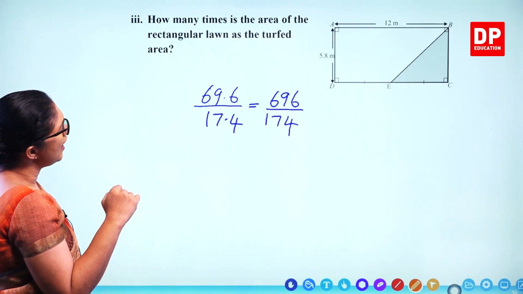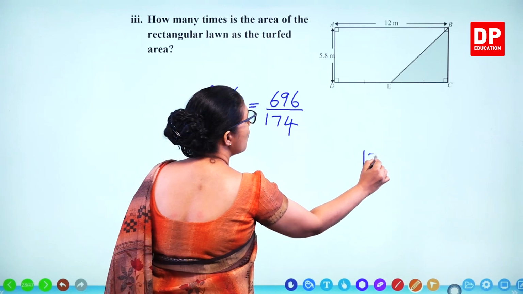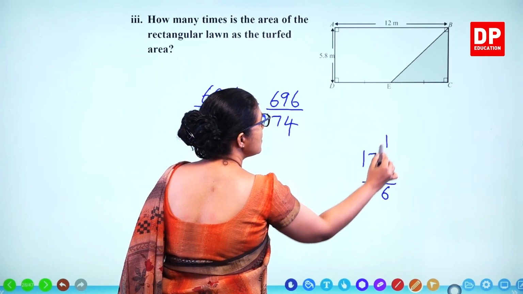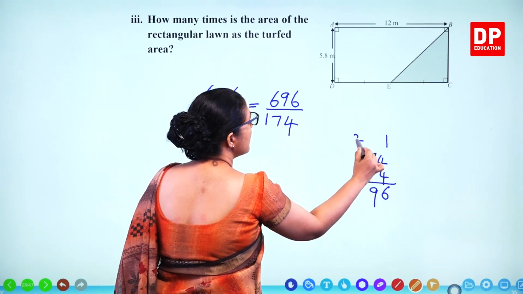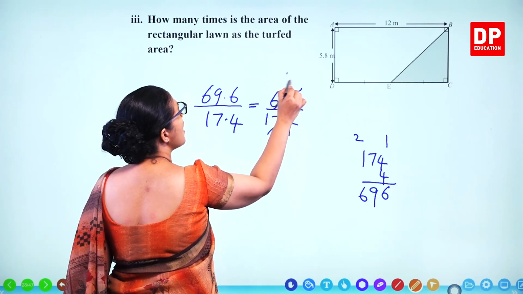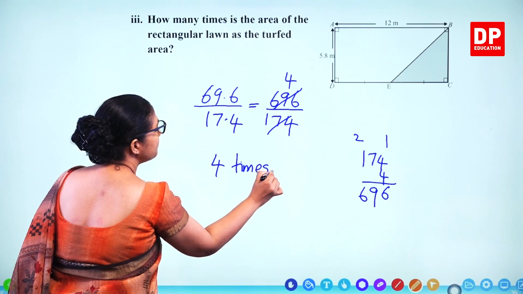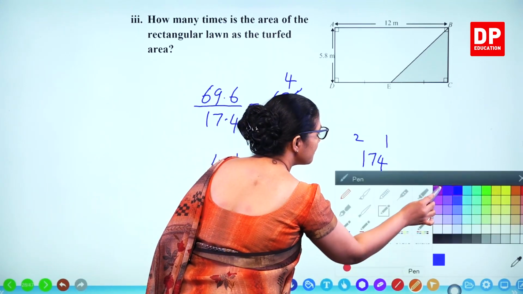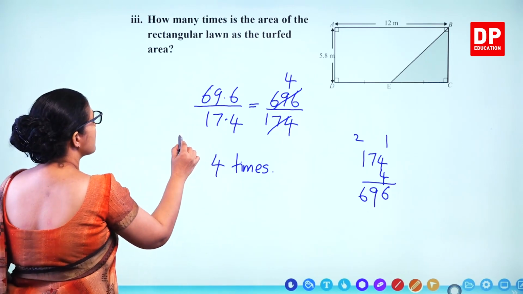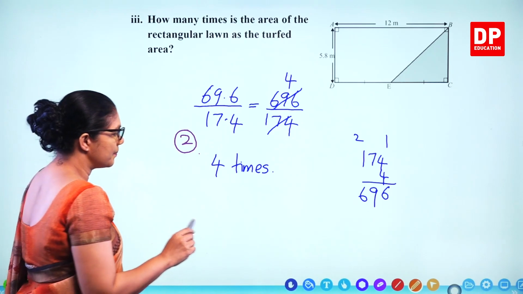So when you multiply, you can see 4 times this, no? 174 multiplied by 4, 696. So this means 4 times bigger. 2 marks. So we gave altogether 10 marks for that question.